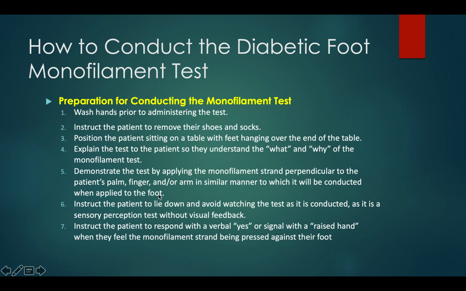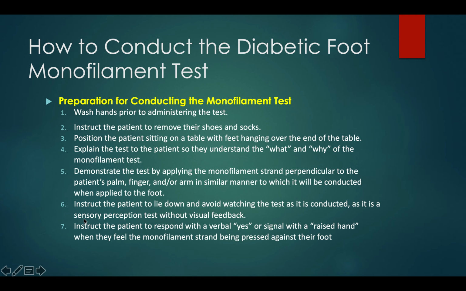The purpose for this is so that they can see this is not painful, and it gives them an idea of what to expect, what the test will be like when administered to the foot. At this point, you're going to instruct the patient to lie down on the table and to avoid watching the test that you're going to conduct, because a monofilament test is a test for sensory perception of the skin, not a test of visual feedback.